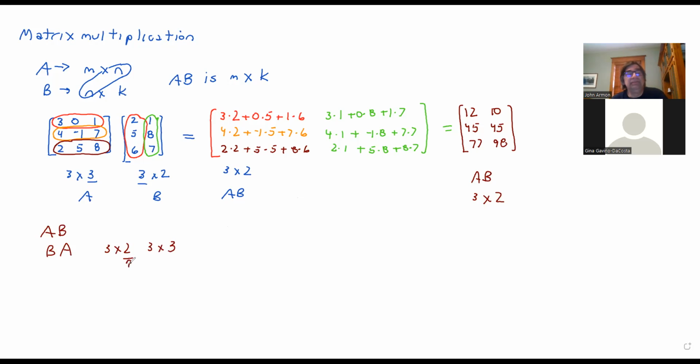We got a problem. Those two numbers do not match up. So BA doesn't even exist. So we'll talk about when the product exists, it can be true that they are going to be equal.